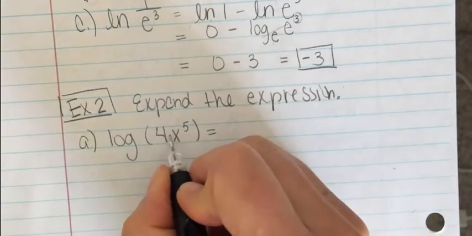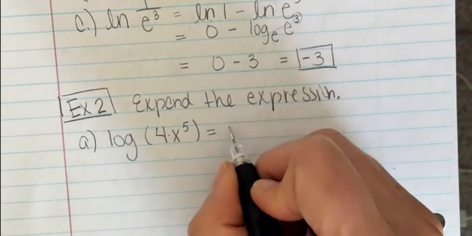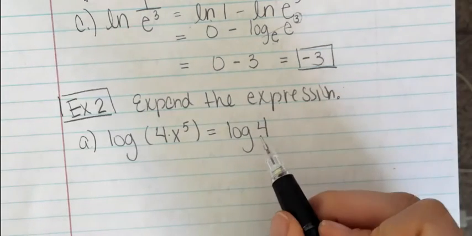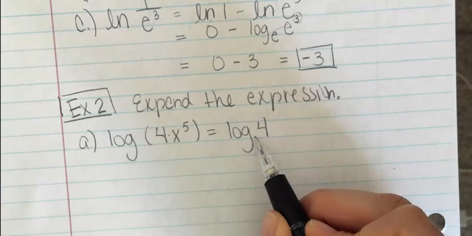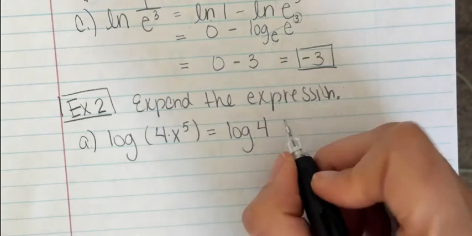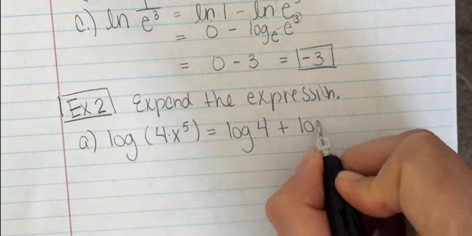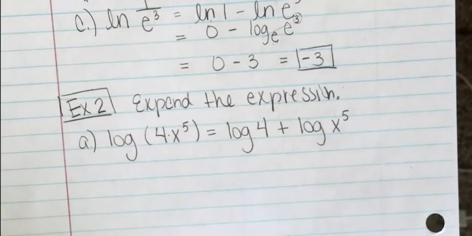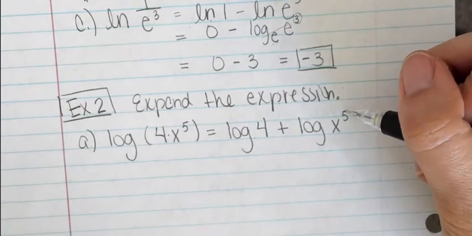So I notice that this is a product, which means I can write it as a sum of the logs. So this will be log of 4, and if you don't remember, if there's no base, that means it's base 10, plus log of x to the 5th. Now, you may think, okay, I'm done, but you're not. Remember, you still have that power property.